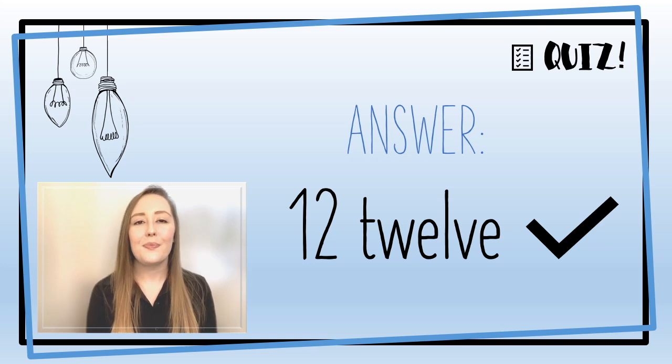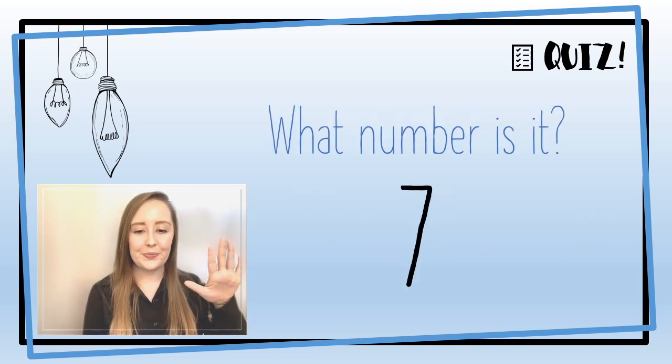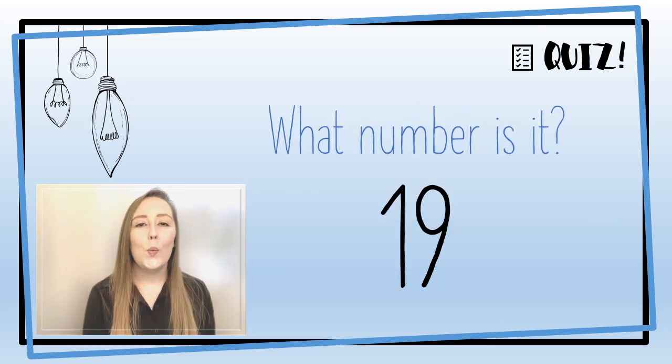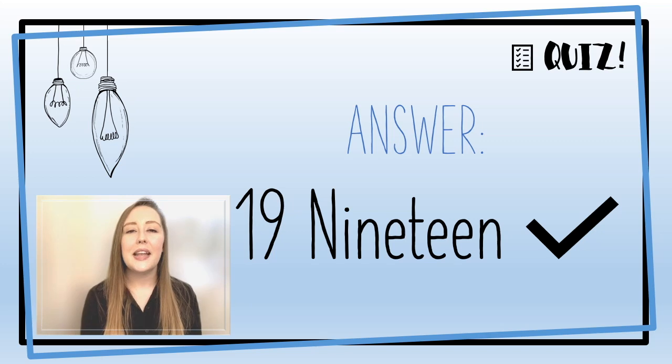Well done. Let's try another one. What number is it? Excellent. Number 7. Perfect. Well done. Good job. What number is it? That's right, it's 19.